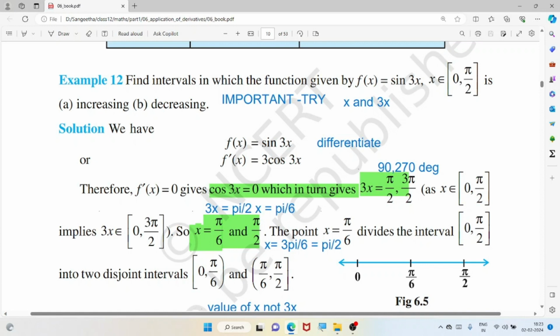Now they have given the interval for x as 0 to pi by 2, but here we have 3x. When x is 0, 3x is also 0. When x is pi by 2, that is 90 degrees, 3x becomes 270 degrees. The interval is 0 to 90 degrees for x.